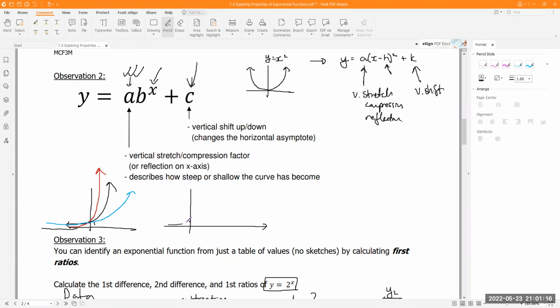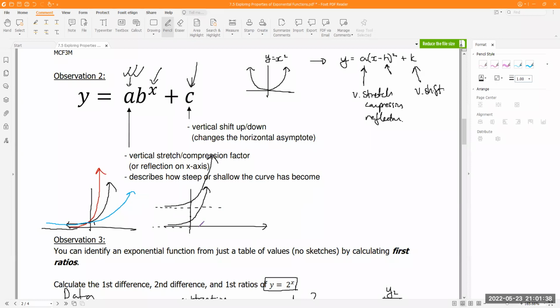So I have my normal exponential function. If I have a c value of, let's say, 5, the entire function vertically shifts 5. 1, 2, 3, 4, 5. It's going to look something like this. So what happens to my asymptote?